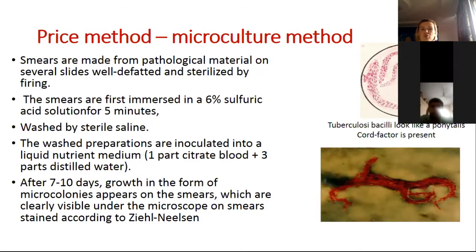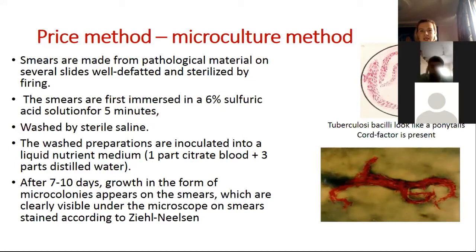After that, you should wash with sterile physiological saline solution. After that, you should put these slides in liquid nutrient media, consisting of 1 part citrate blood and 3 parts distilled water. After 7-10 days, we should stain these slides by Ziehl-Neelsen and detect these microcolonies.